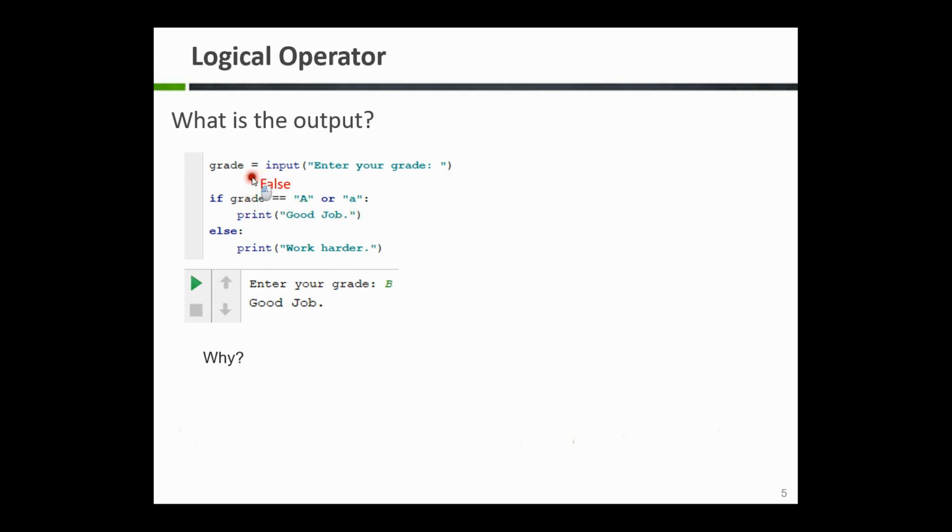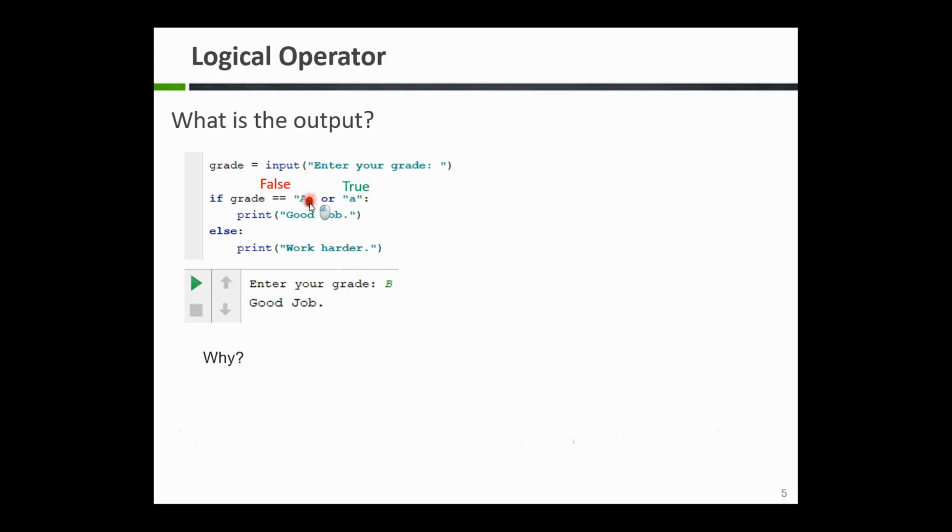Now we know that B is not equal to A, and this returns false. But how about this part? This returns true because this is not really a test condition, it's a string. So if this is always true and you have an OR condition, it always returns true regardless of what the user entered.